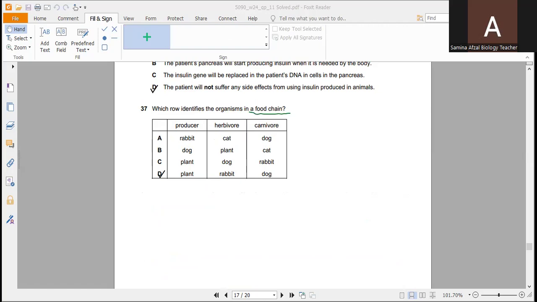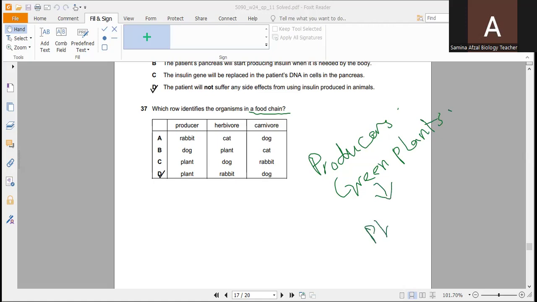The producers are always the green plants, which carry out the process of photosynthesis and manufacture the food, and all other organisms depend on plants for this food. So in a food chain, the producer will always be a plant.